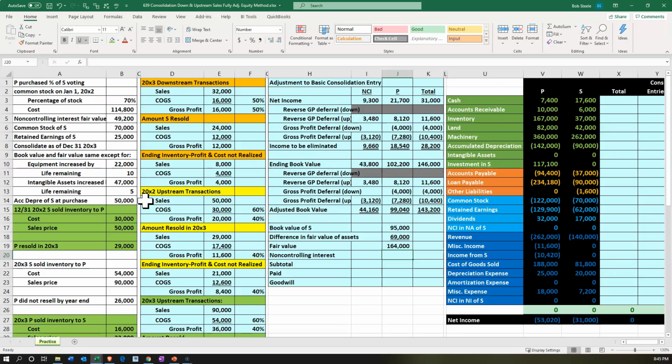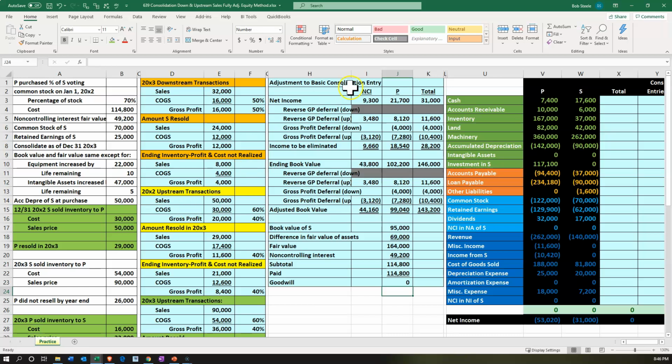The non-controlling interest we're given was the 49.2. So if I subtract that out, the controlling interest would be 114,800, and we would compare that to what was actually paid, which was the 114,800. If we subtract that out, then we have no goodwill. So we don't have to deal with any goodwill in this problem.